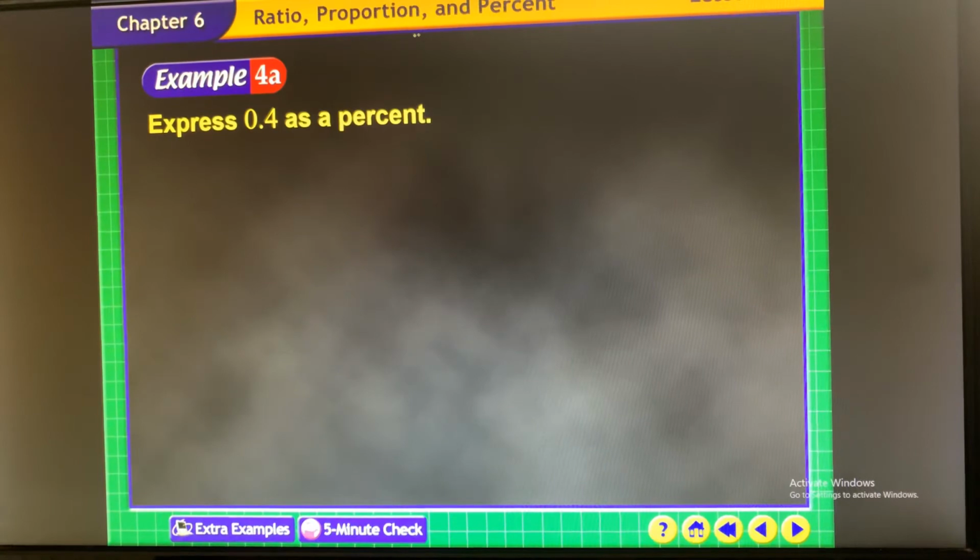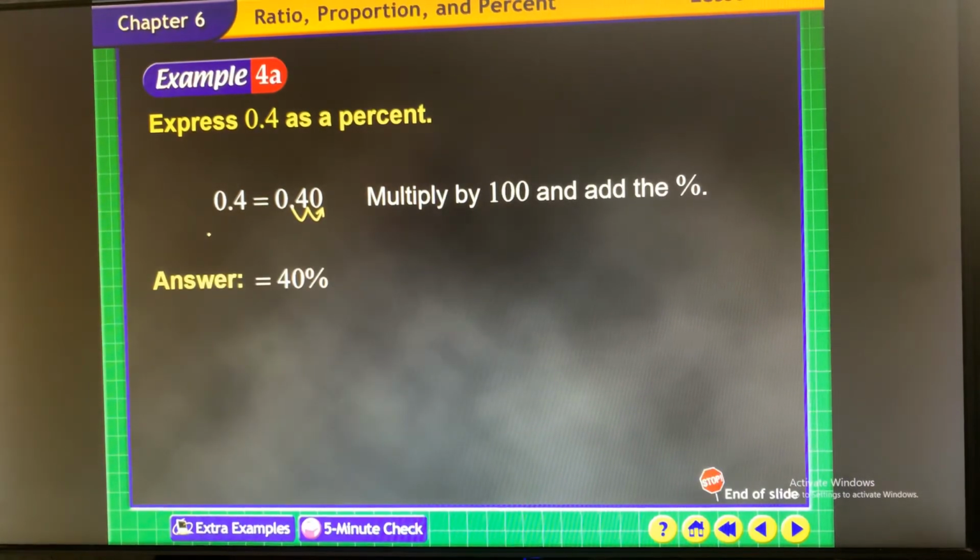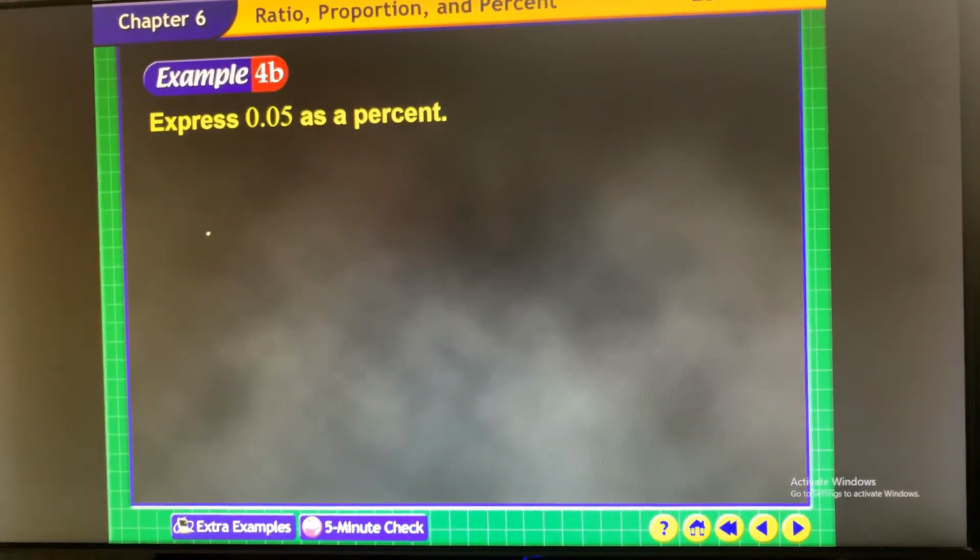Take this as a percent. So if I'm going from D to P, that's the right way to go in the alphabet. So this time you're going to move to the right 2 places. So here it is, move it 2 places to the right, 40%. If you can read it, you can write it too.